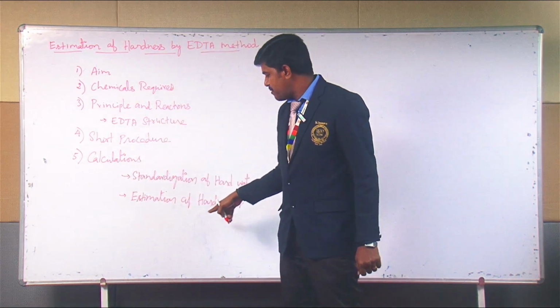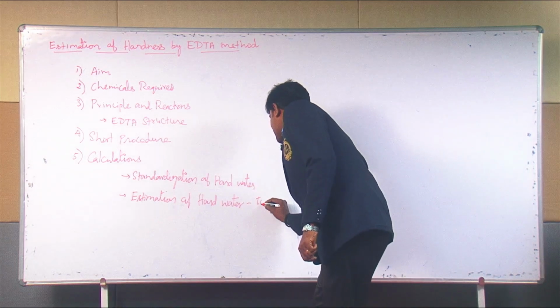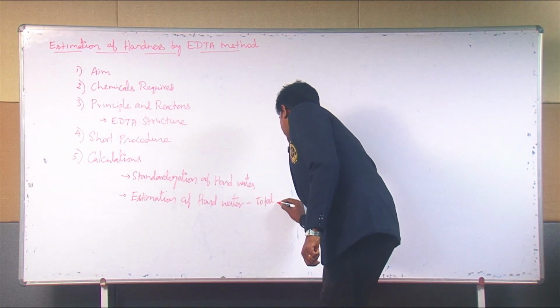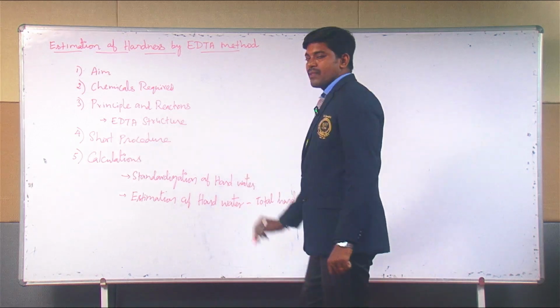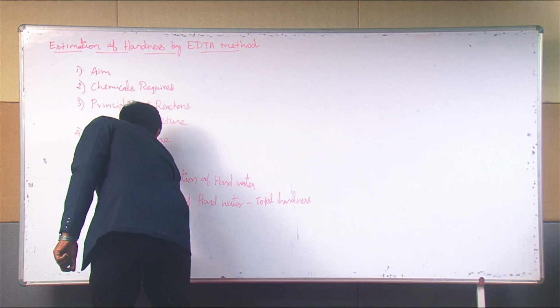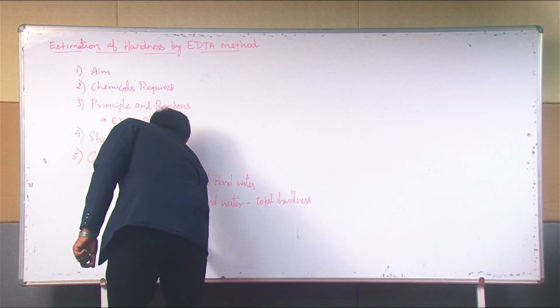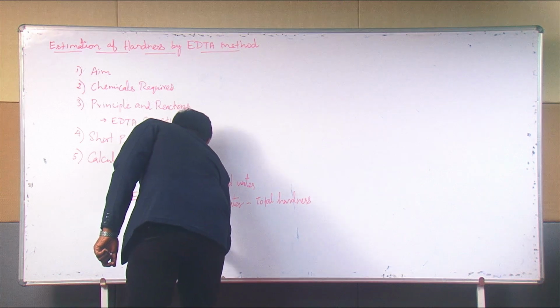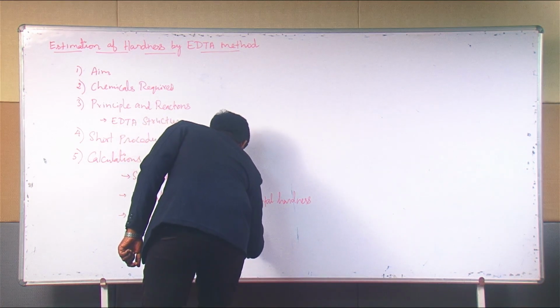In this estimation of hard water, we will find out the total hardness. And the third one is estimation of boiled hard water.